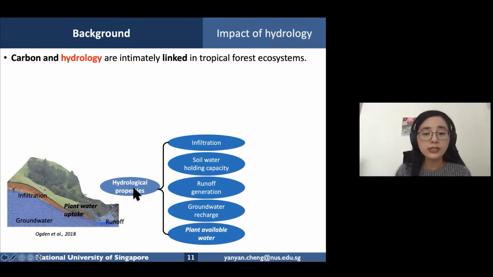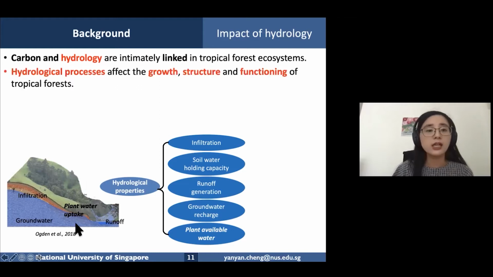This is because the hydrological parameters control such processes as infiltration, soil water holding capacity, runoff generation, and recharge to the groundwater. And eventually, they determine how much water is available for the plants to take up. So all these hydrological processes will eventually affect the growth, structure, and functioning of the forest.